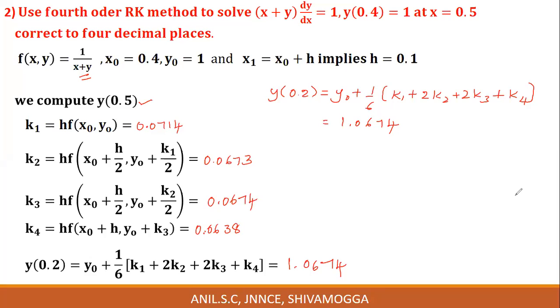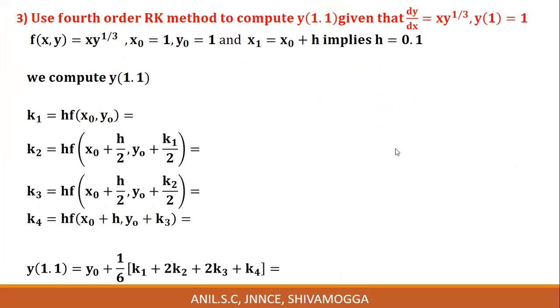July 21 question paper problem. Use fourth order RK method to compute y of 1.1, given that dy by dx is equal to x into y power 1 by 3, y of 1 is equal to 1, initial conditions.